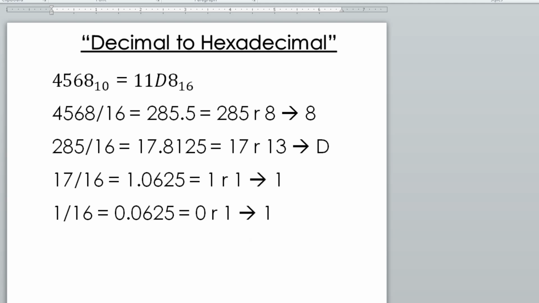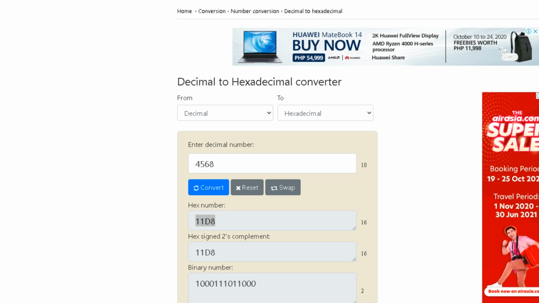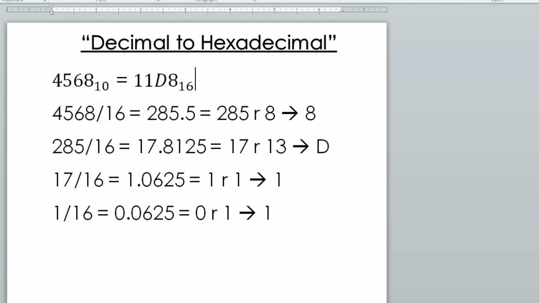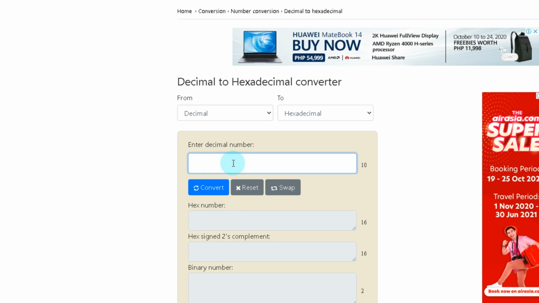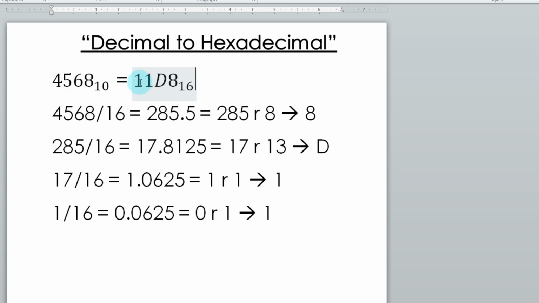To check that, I have an online converter of decimal to hexadecimal. As you can see, we have 4568. We convert 4568 here to hexadecimal, and we also get 11D8, which is the same as our answer.